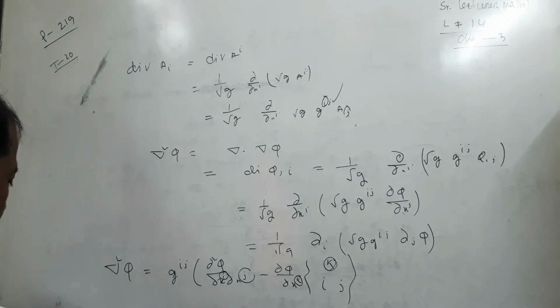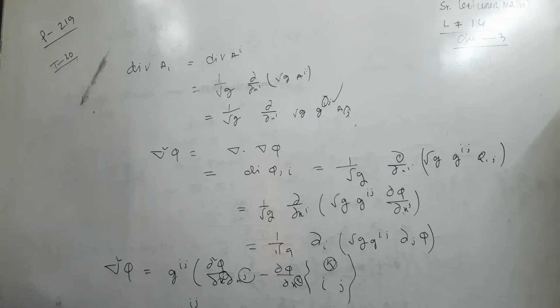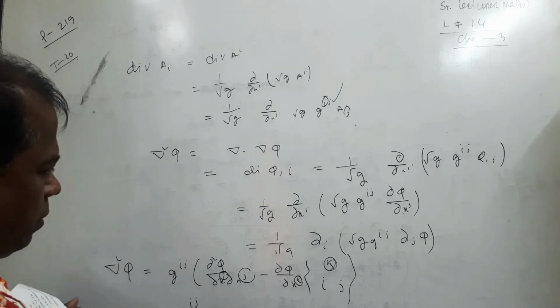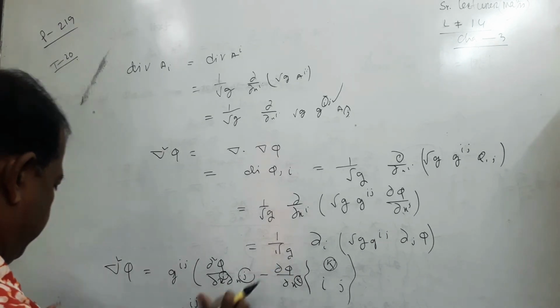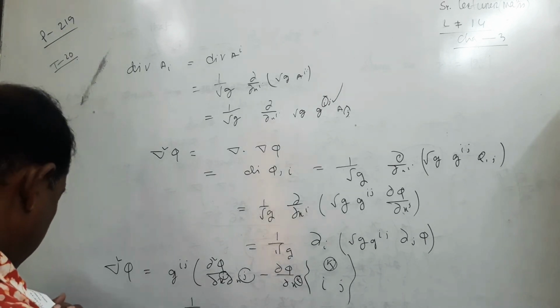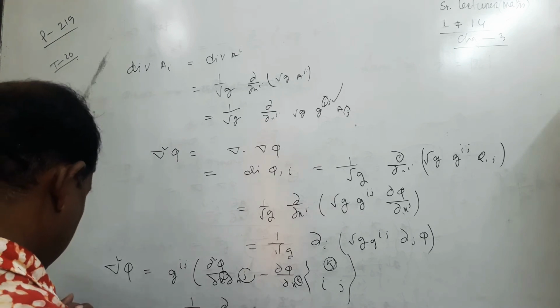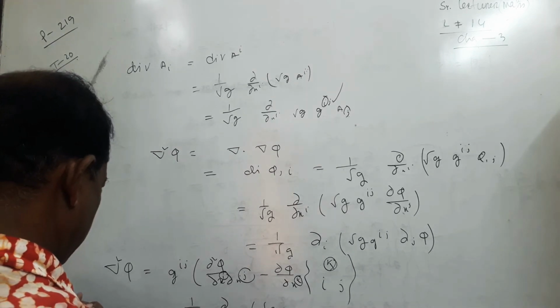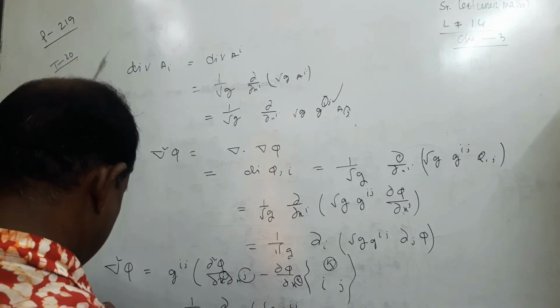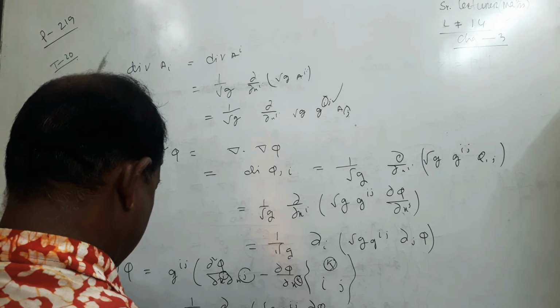That's equal to g^{ij}. Equal to 1 by root g del by del x^i into root g g^{ij} del phi by del x^j.